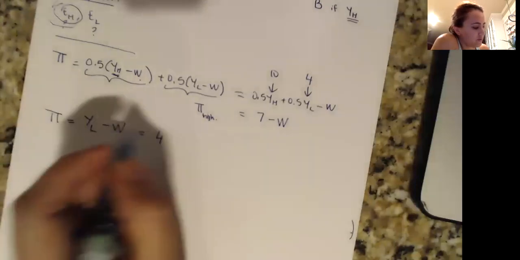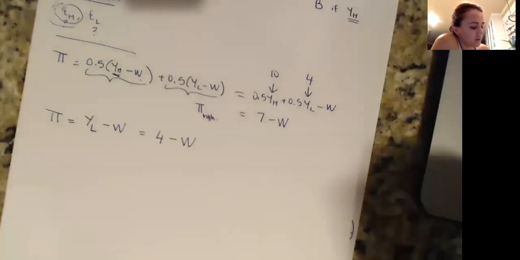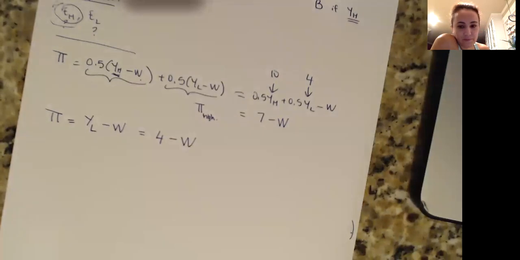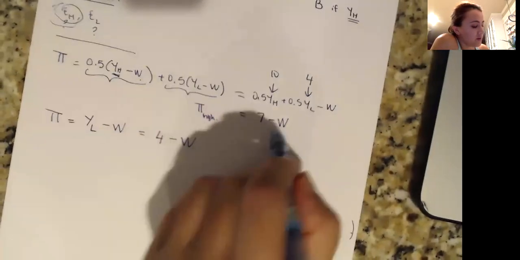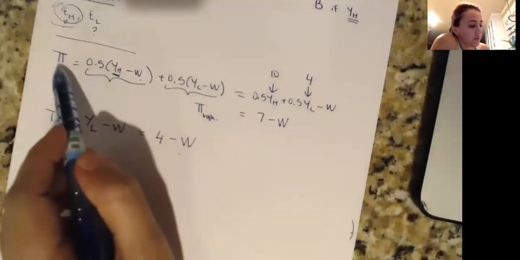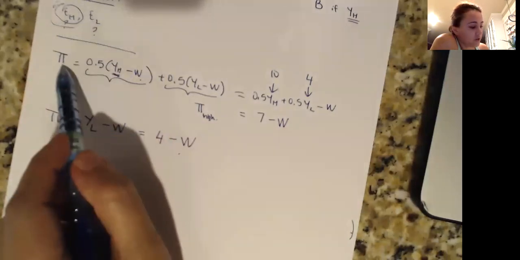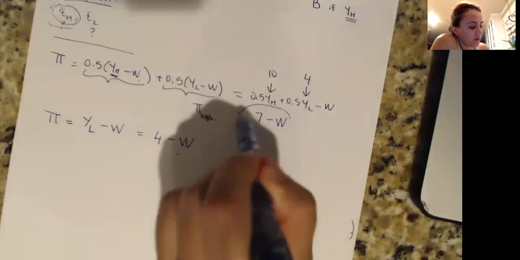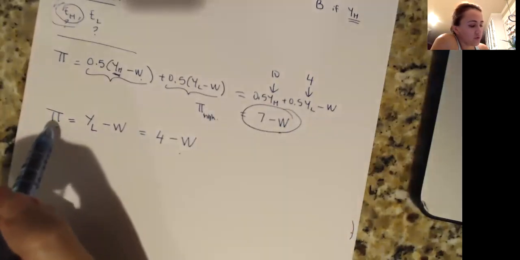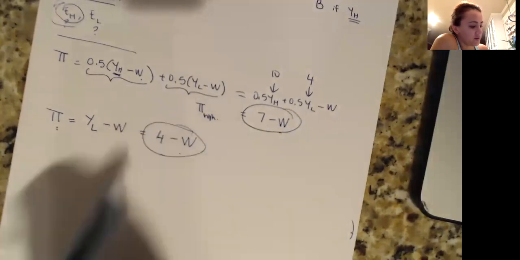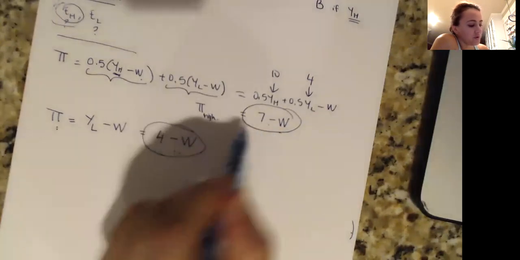So I'm going to get 4 minus W. Now, these are the possible scenarios. My worker may show high effort and I expect to get this, or my worker shows low effort and I get this. What do you think the worker is going to do?